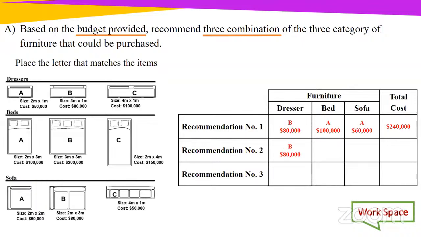Good. $80,000 for the dresser. And then for beds, I want bed A. Good. What's the cost for bed A? Bed A will be $100,000.